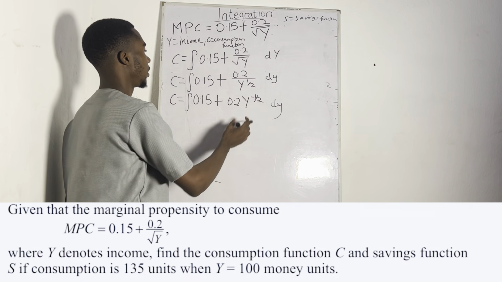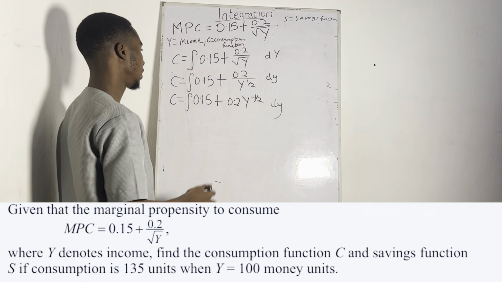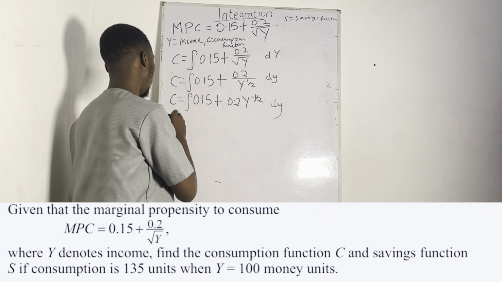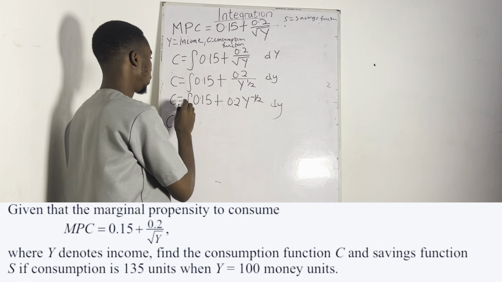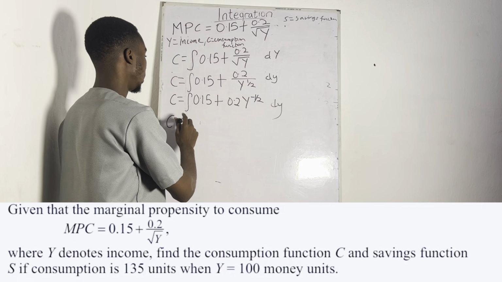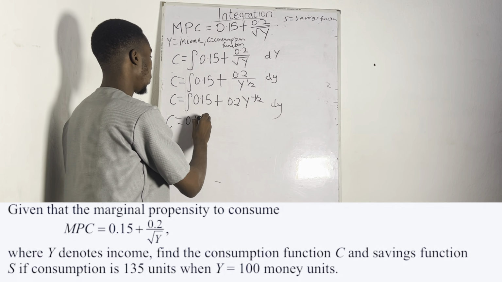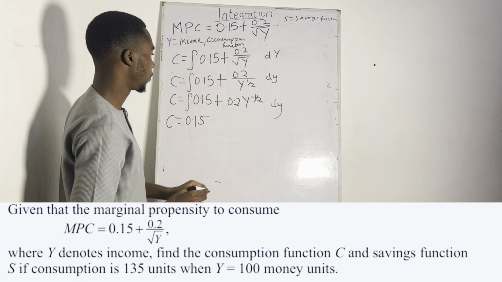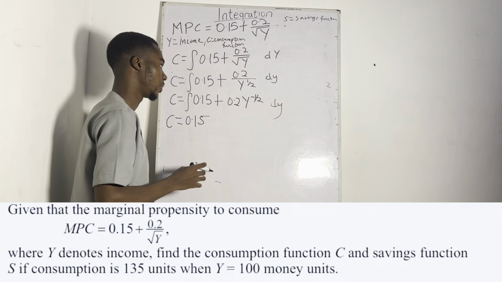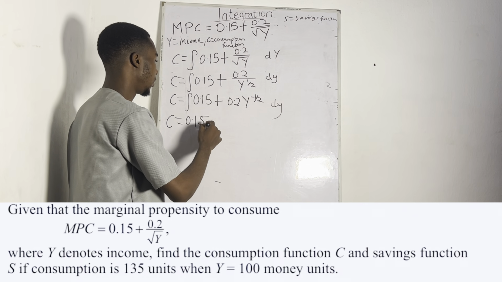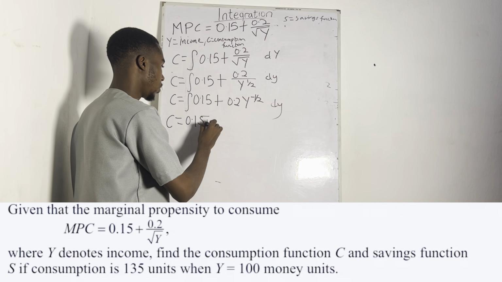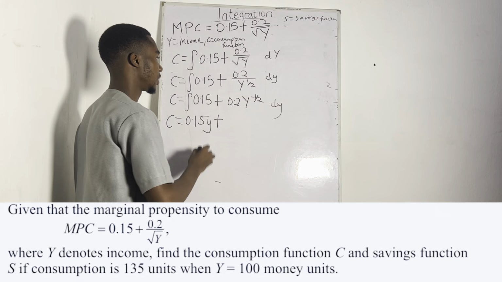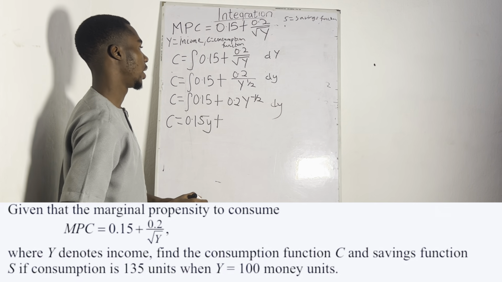Now that we are done simplifying this part, we can start our integration. So now we don't bring the integral sign again. We have 0.15, and if you want to integrate 0.15, we are dealing with y, so you add the variable to it. So 0.15y plus 0.2 y exponent negative half.